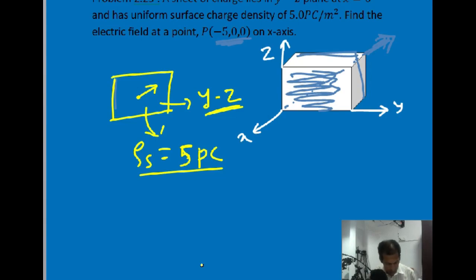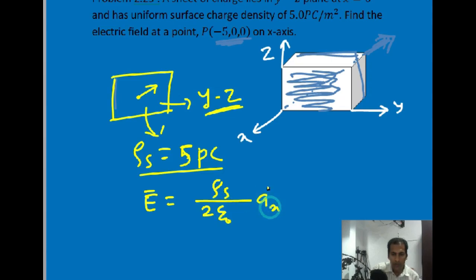So next we will put it in the formula. What is the formula? Formula for surface charge density. The electric field intensity related to the surface charge density is E is equal to rho s by 2 epsilon naught Ax cap.